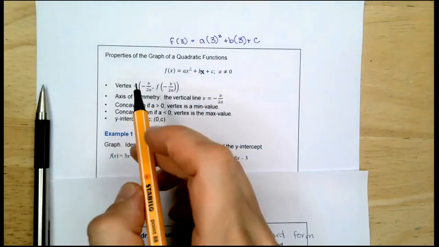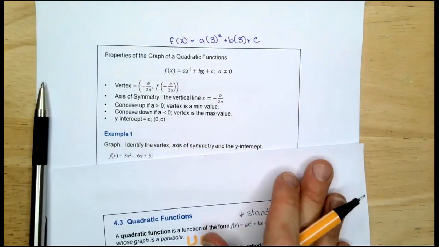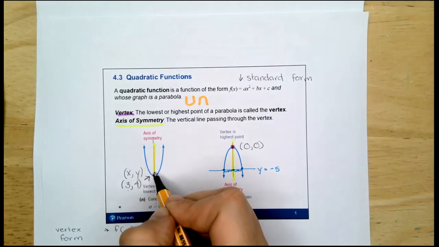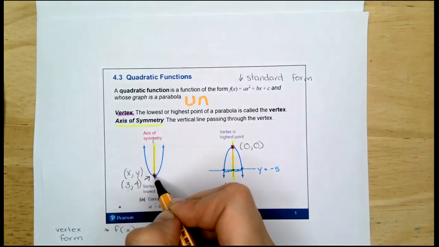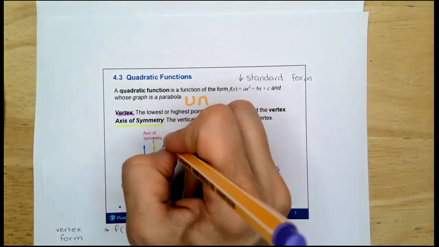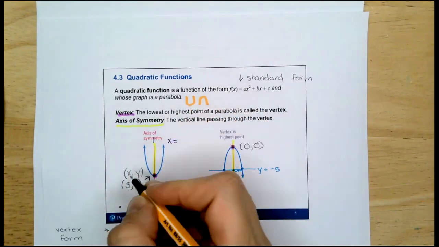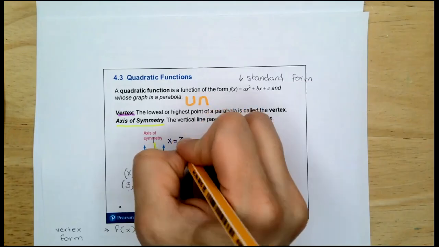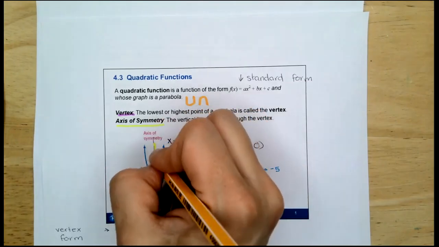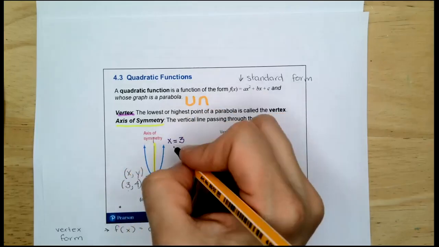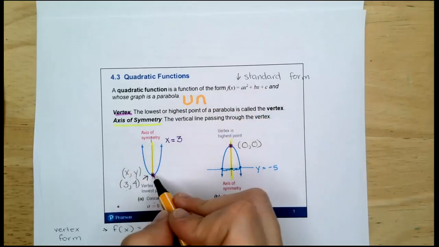Don't worry, we'll practice. The axis of symmetry, if we look at this, it's kind of intuitive that the axis of symmetry is going to be the line x equals, and then whatever your x value was, 3, right? Because the line that is straight up and down that has an undefined slope is going to be x equals, and what is it going to cross?